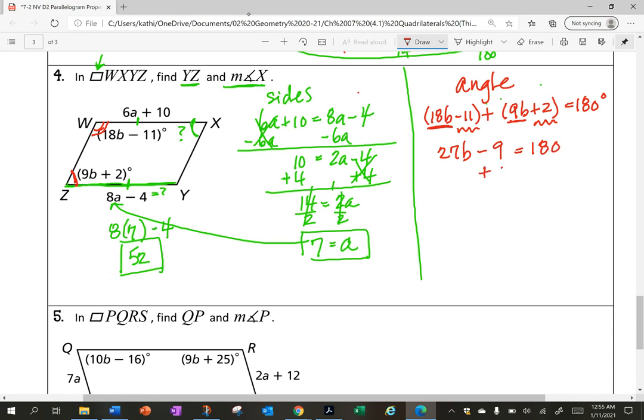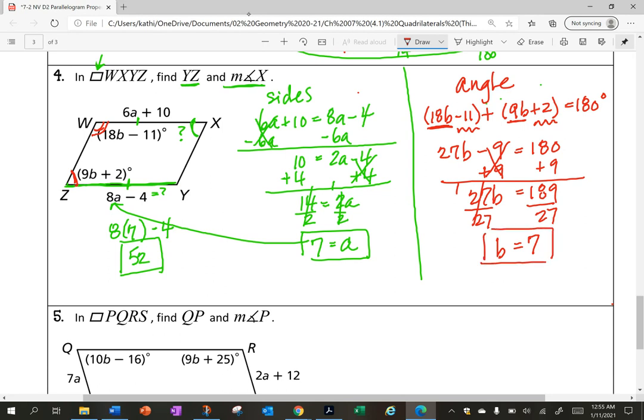And I add the inverse, so I'm going to add 9 to both sides. So 27b equals 189. I'm going to divide by the coefficient next to the variable. So b equals 7. Okay, so now I know what b is.